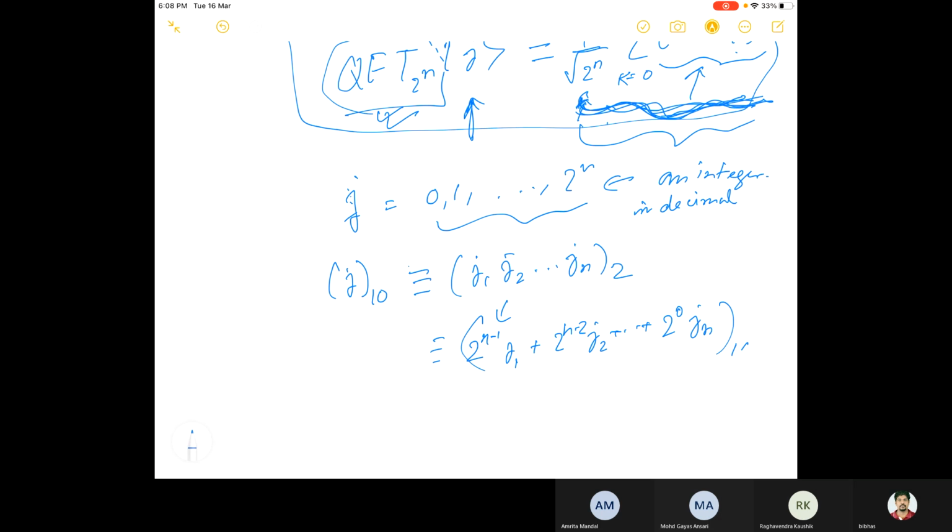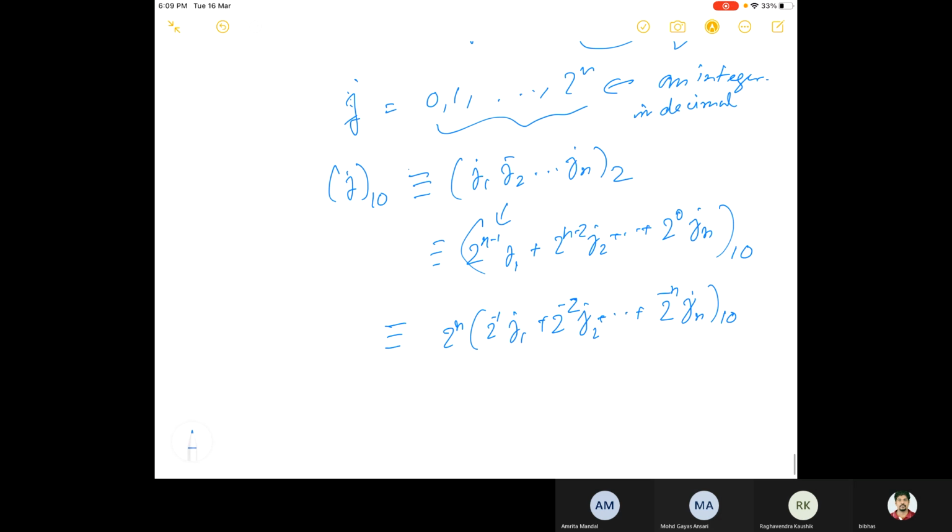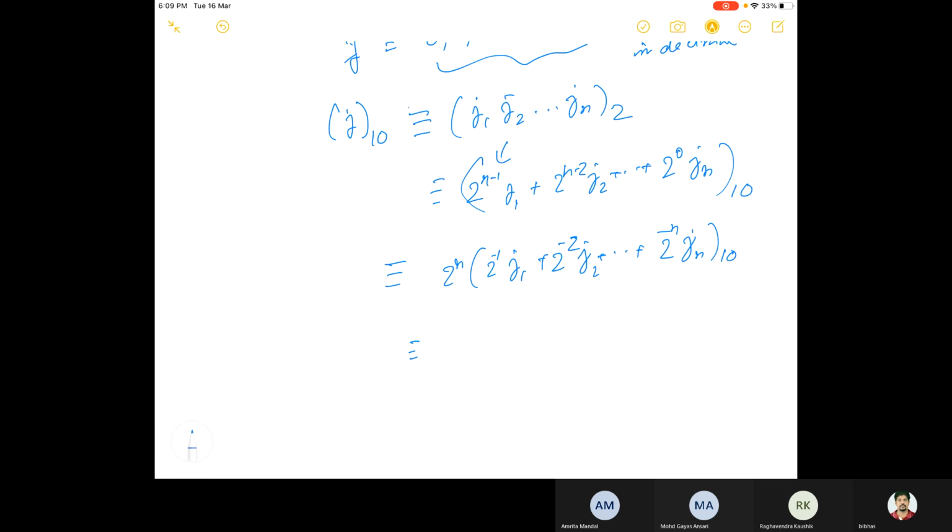So this is the corresponding decimal. Then I can say this is nothing but 2 to the power n times (2 to the power minus 1 J1 plus 2 to the power minus 2 J2 plus dot dot dot plus 2 to the power minus n Jn) in decimal. And this is the same as saying 2 to the power n times 0.J1 J2 ... Jn in the binary representation. Okay, this is the binary.